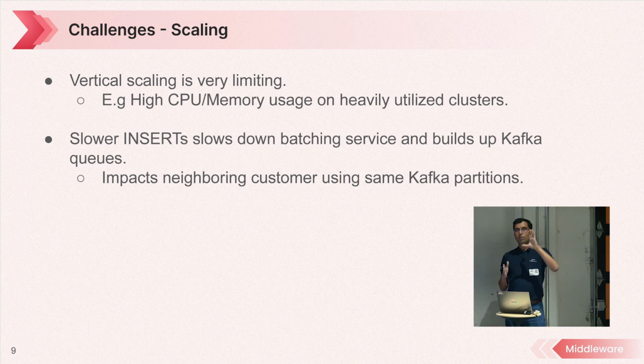And if you remember, the Kafka partitions are shared across customers, so you might end up impacting a neighboring customer who's using the same partition as you. These are the challenges that we see because ClickHouse is slow in processing queries or inserting the data.